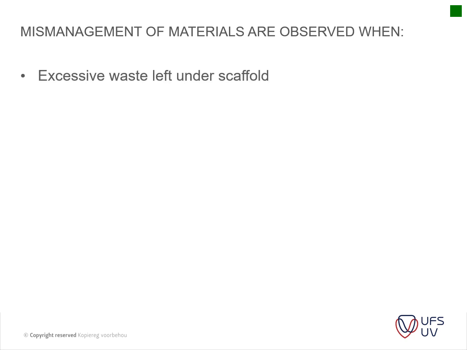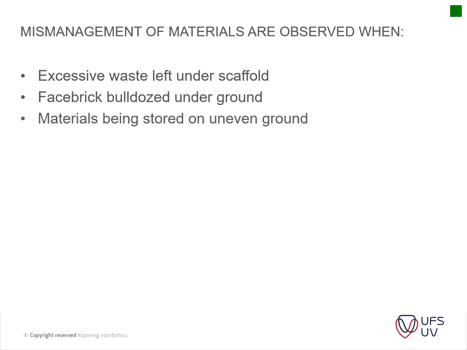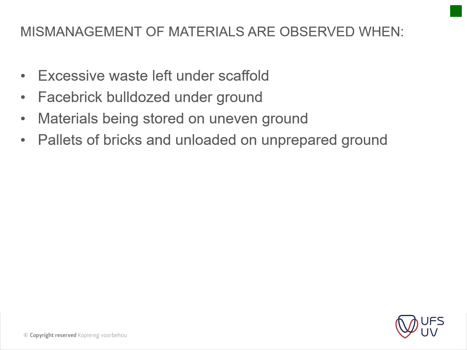Okay, excessive waste left under scaffolding. Here's actually the items which you can see. This is just a few examples. What you can see is excessive waste under scaffold, face brick bulldozed underground, material being stored on uneven ground, pallets of bricks unloaded on unprepared ground.